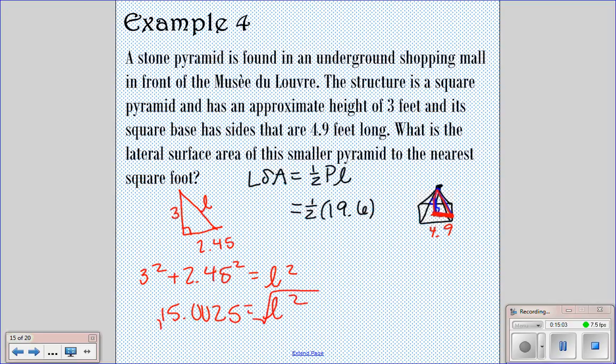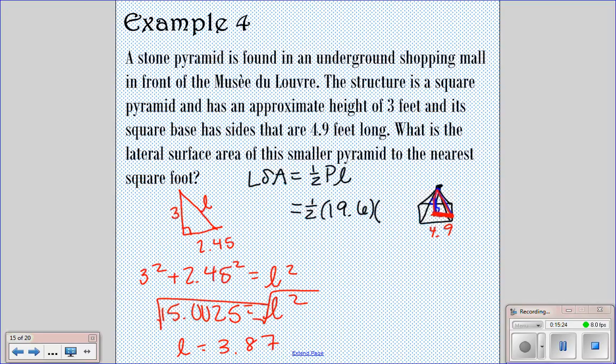And you take the square root of both sides, and if you take the square root of that, you get that your L is 3.87. Okay, so that's how you would find your L.